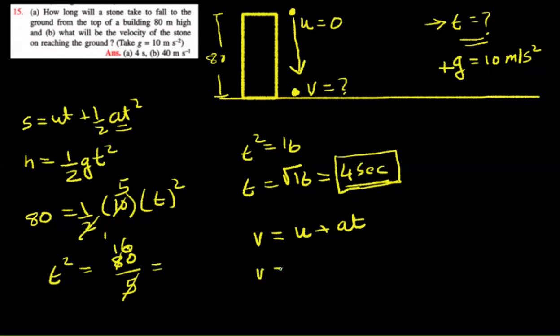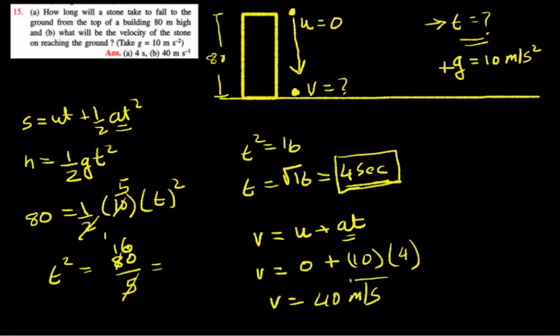Remember, initial velocity is 0, so 0 plus acceleration, which becomes acceleration due to gravity, 10, multiplied by time. Now we have the time, 4 seconds. So final velocity equals 4 multiplied by 10, which is 40 meters per second. This is the final velocity of the ball before it touches the ground.